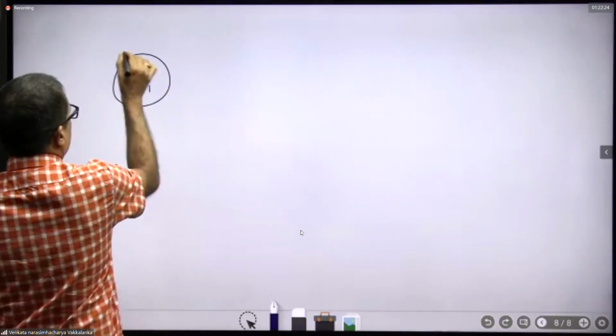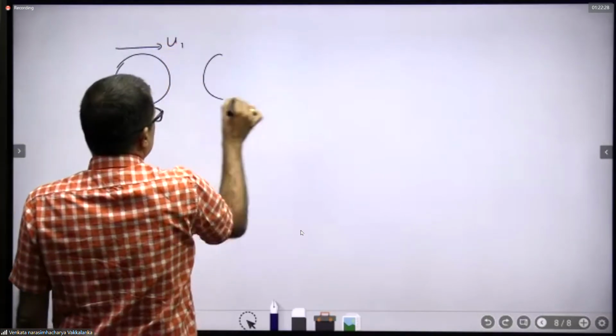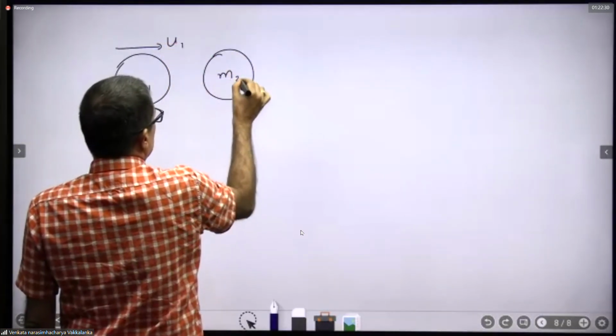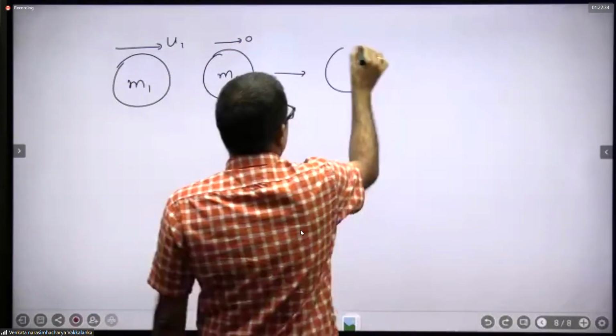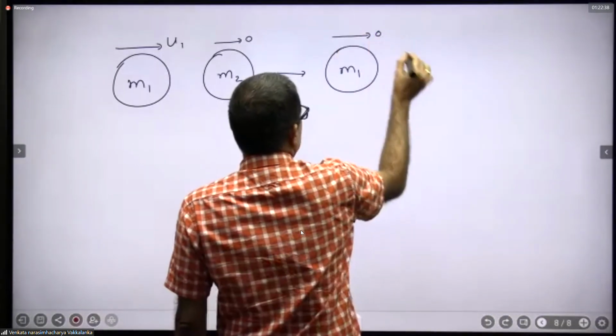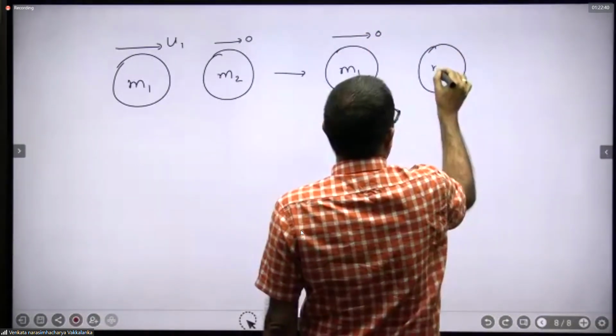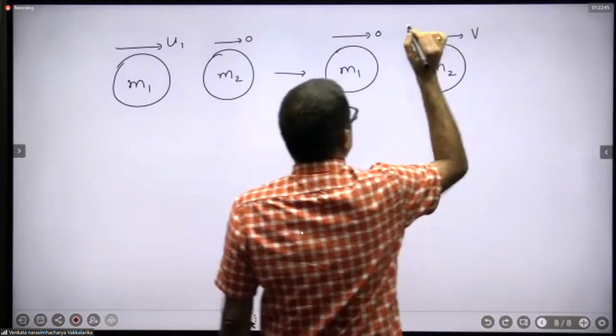M1 moving with a velocity u1 towards M2 moving with zero velocity. M1 after collision will come to rest. M2 after collision is moving with a velocity v.